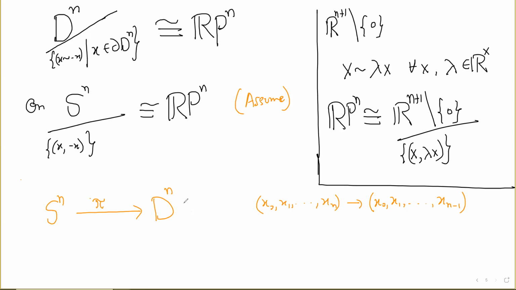And this is a quotient map. You can prove it if you want. Why is it a closed map?